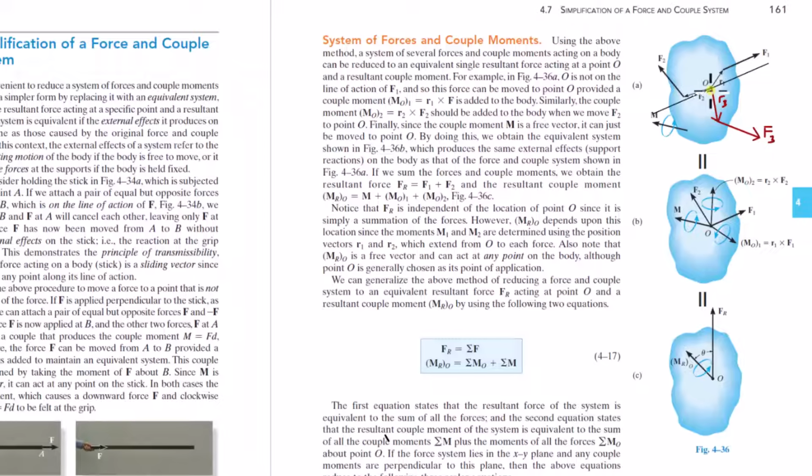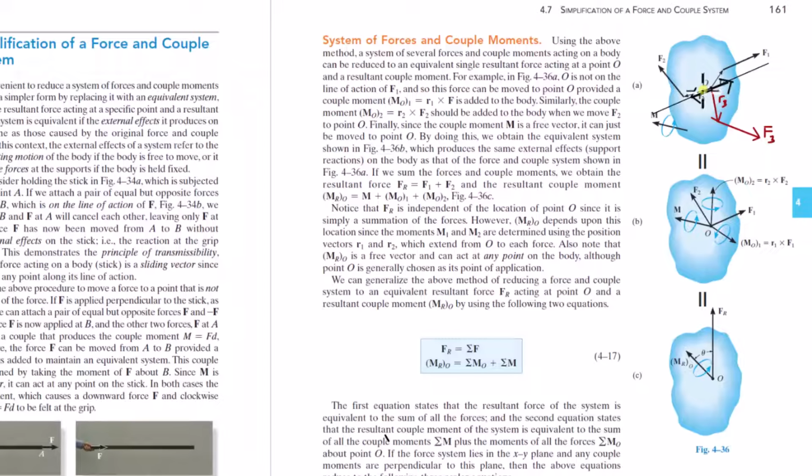So you put this as minus F1 here and plus F1 here. Now, this minus F1 and this F1, that's a couple. You determine that couple and then get rid of these forces, and you're left with F1 here and the couple moment.